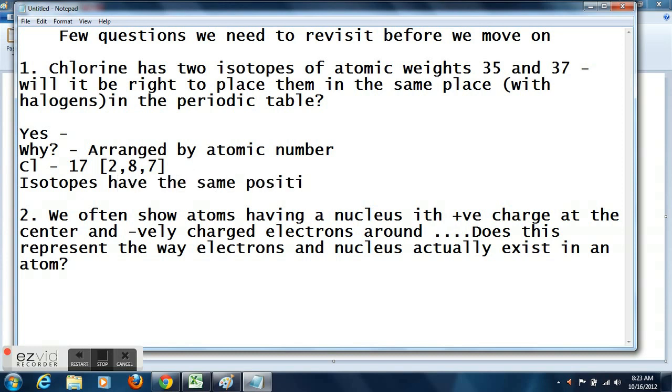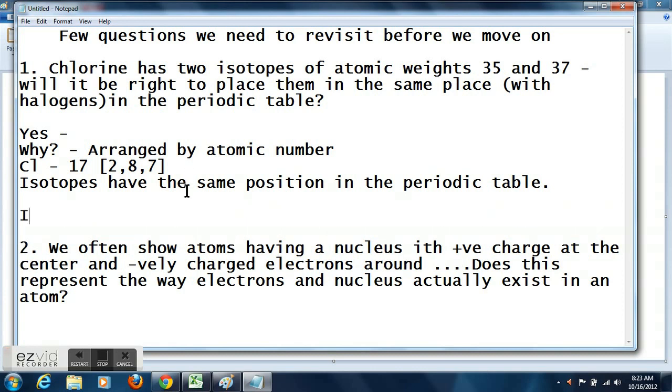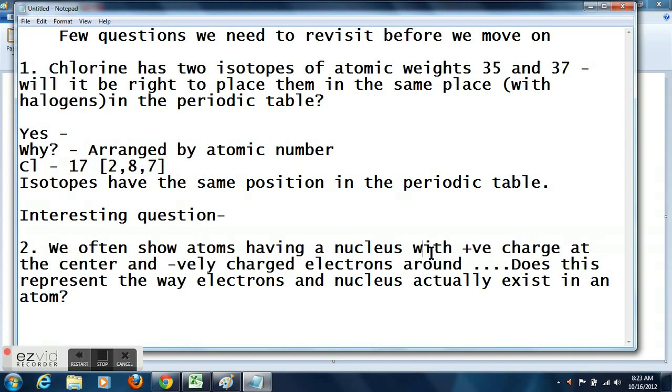So isotopes have the same position in the periodic table. Okay, so this is based on the modern periodic table, which arranges elements based on their atomic numbers and not on their atomic weights.